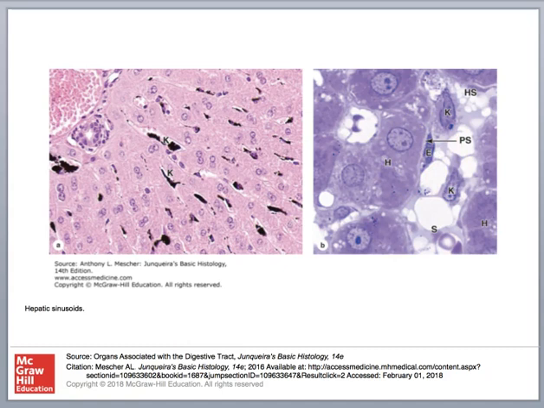Now these endothelial cells have gaps between them called fenestrations, and this allows for easier passage of material into this space. Now beneath the endothelial cells is the so-called space of Disse, or perisinusoidal space, labeled PS. So this is between the hepatocyte and the endothelial cell. And if you looked at that space under electron microscopy, this is where numerous microvilli of the hepatocytes reside.